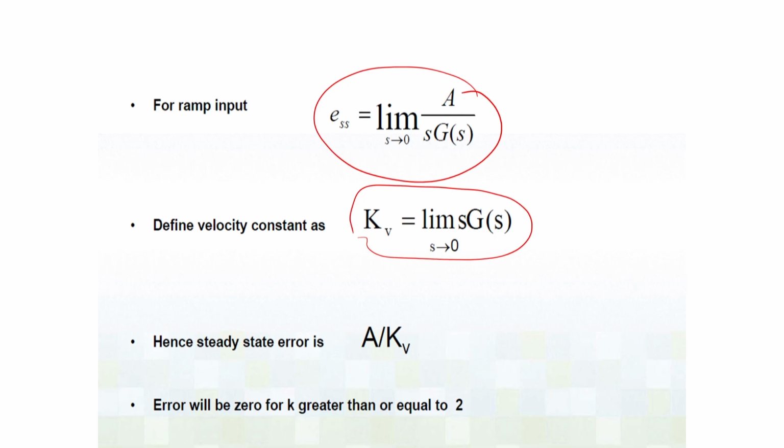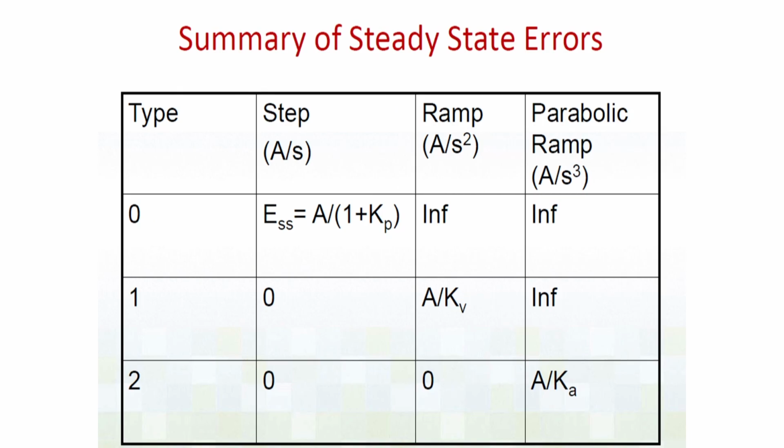So, that means this Kv needs to be infinity, because this is what would become the A over Kv here. So, in order to have that, you must have a system which is greater than or equal to type 2.